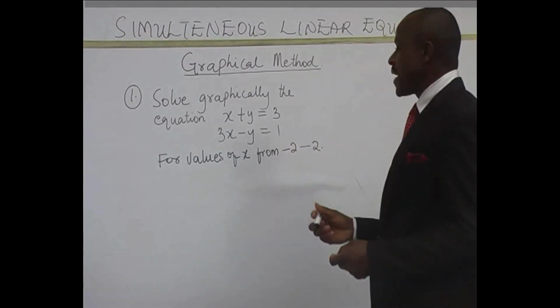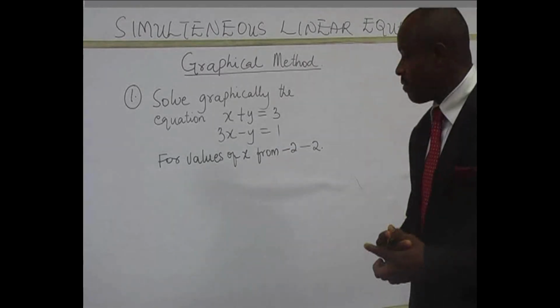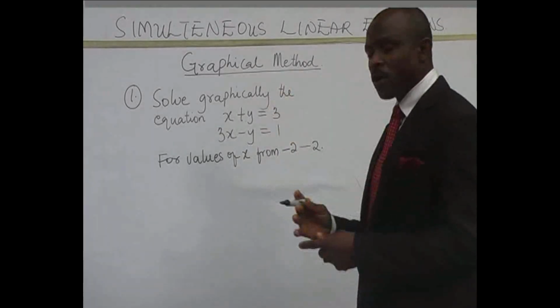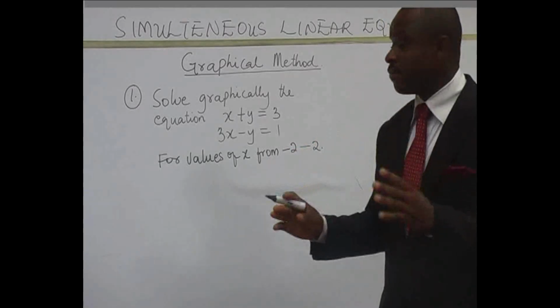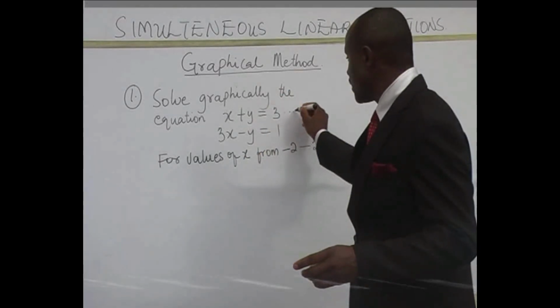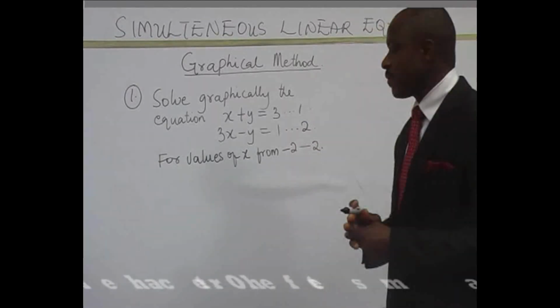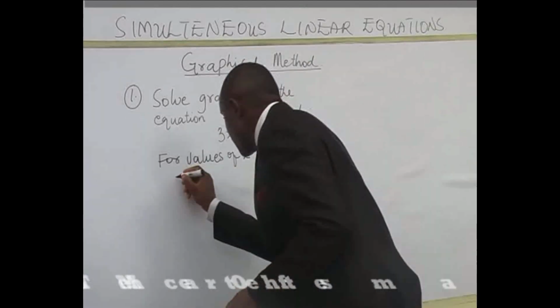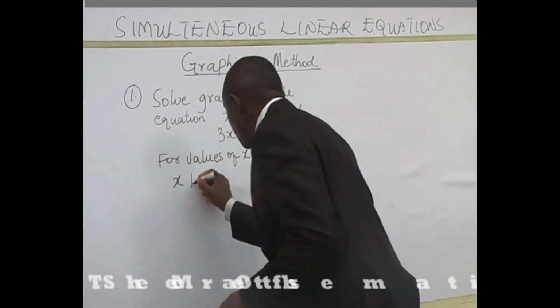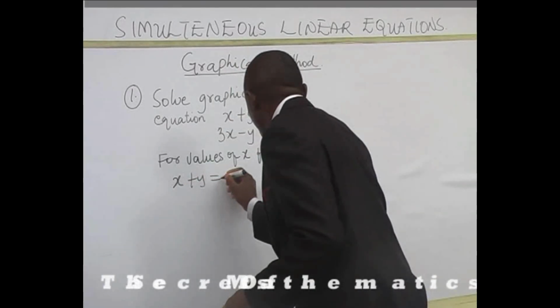So this is going to guide us in constructing our table of values. You're going to construct the table of values of the two different equations separately. Take the first equation. The first equation says x plus y is equal to 3.